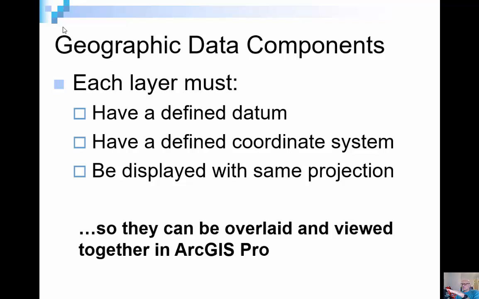They just need to be defined so they can be overlaid with each other. Previously, when I got into GIS 25 years ago, all of your feature classes, and they didn't have feature classes back then, but coverages and shapefiles, needed to be the same exact projection so they could be displayed on the same map. We don't have that, but we have utilities to change projections.